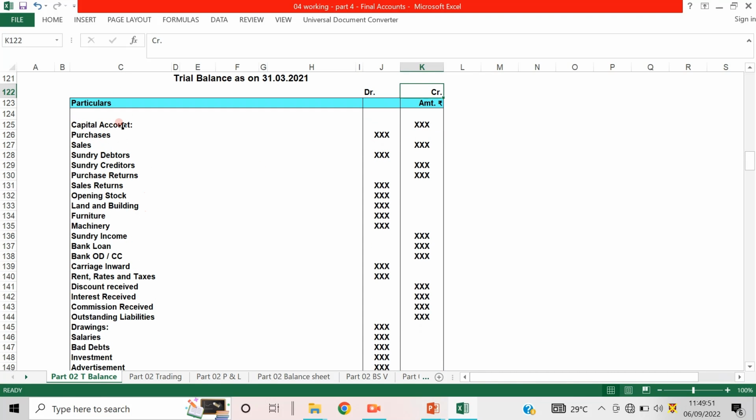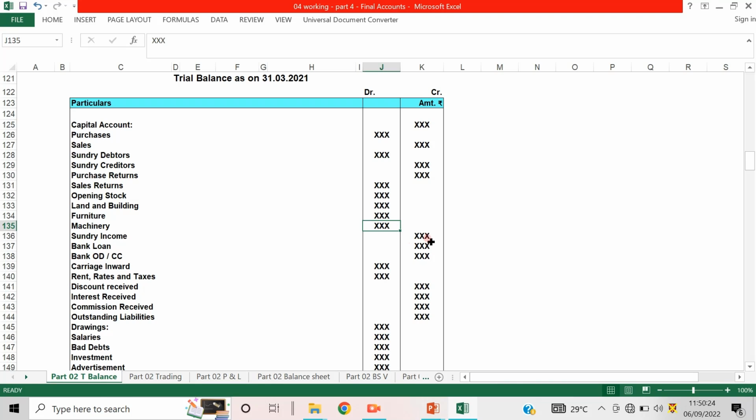Capital account is taken on the credit side, purchases on the debit side, and then sales on the credit side, then sundry debtors debit, sundry creditors credit, purchase returns credit, sales returns debit, opening stock debit, land and building debit, furniture, machinery, etc. all assets on the debit side.